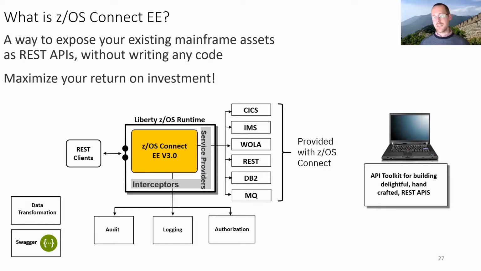They provide the translation between the z/OS Connect world and the backend CICS transactions or backend MQ queues and things like that. And then there's a whole load of common capabilities that z/OS Connect provides: authorization, logging, auditing, exposing your REST APIs with Swagger, and very importantly, data transformation as well. Really, z/OS Connect acts as the glue between the REST APIs out the front and the clients driving those REST APIs, and then the backend middleware.